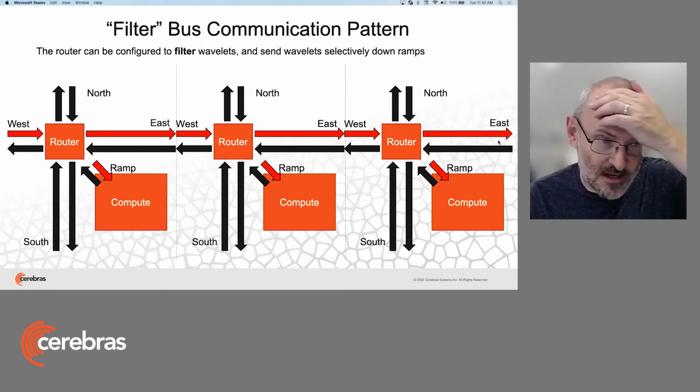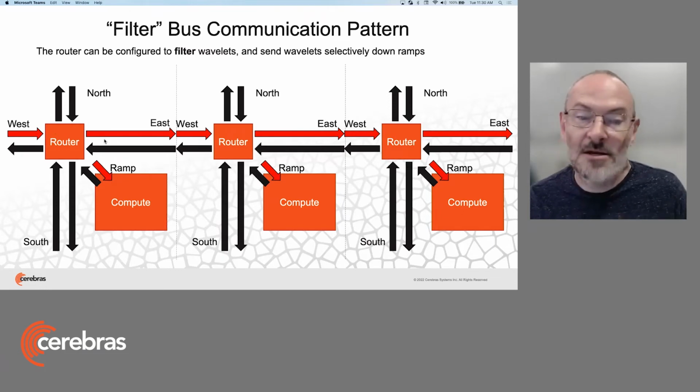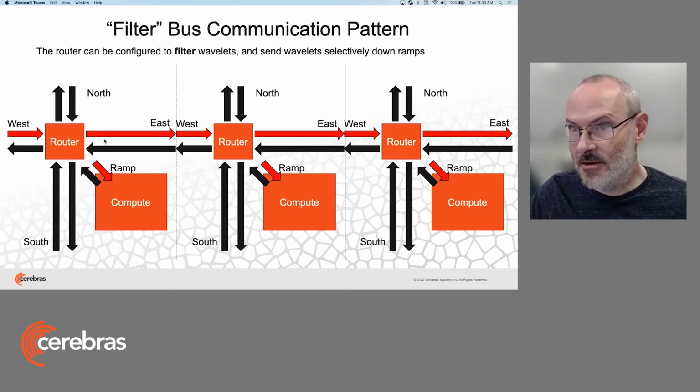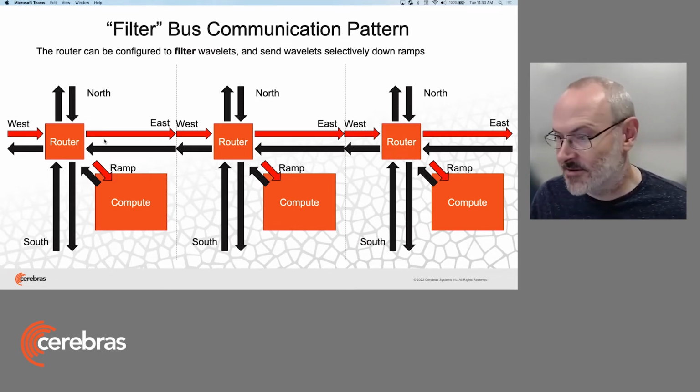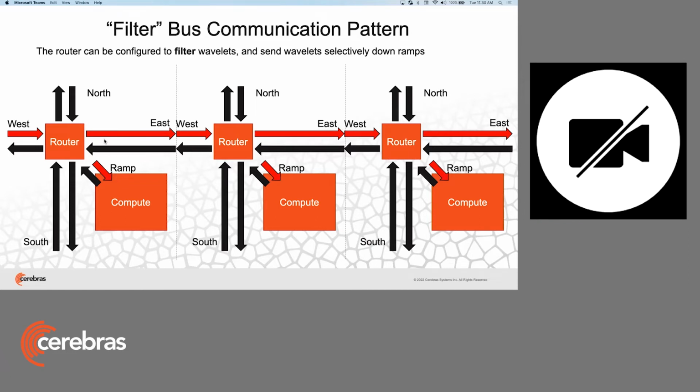In this case, you are statically deciding: am I going to send it down a ramp, or am I going to send it east, just by having a counter. So it's used for a different part of the design space of sending data. Okay, thank you.